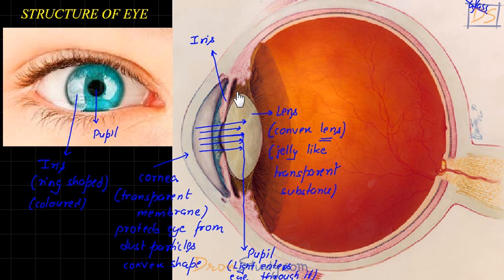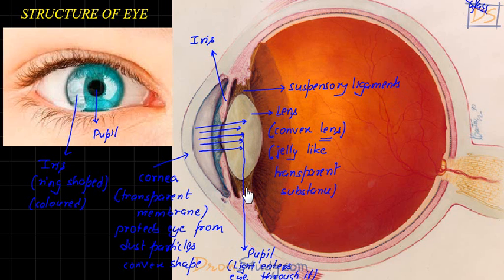Now look at this structure, students. This is called suspensory ligaments. Why ligaments? Because this structure is two in number. You can see here as well, this is also a suspensory ligament. So these two are suspensory ligaments. Now what are they doing?